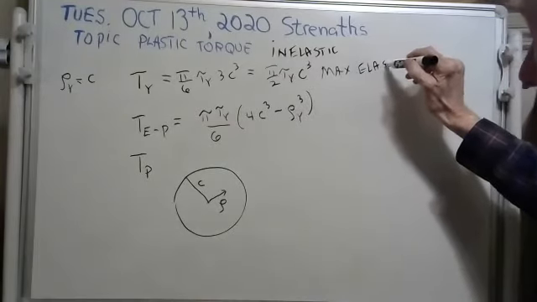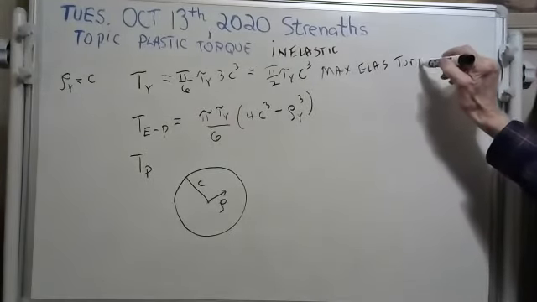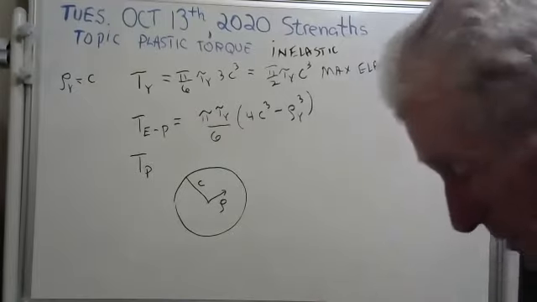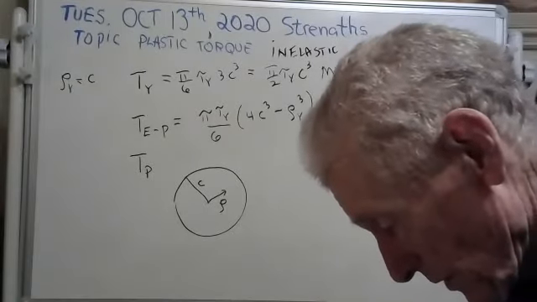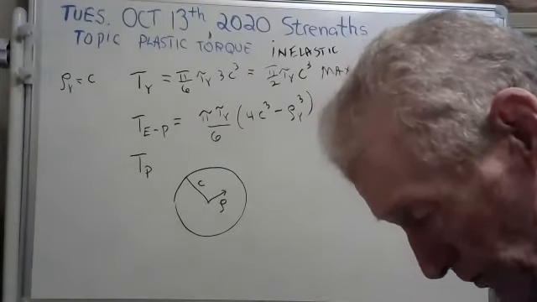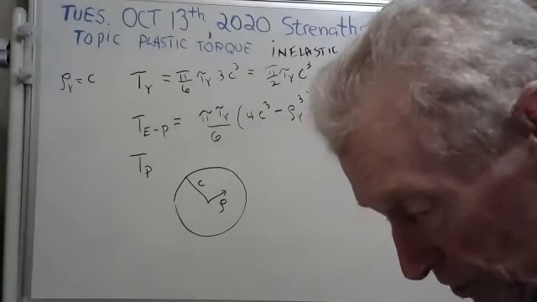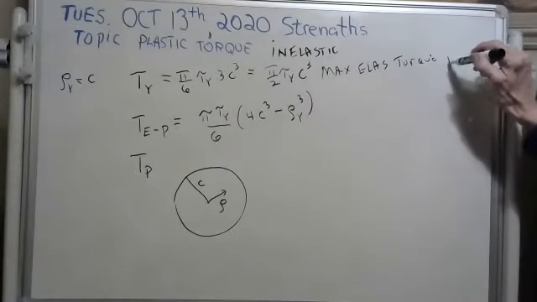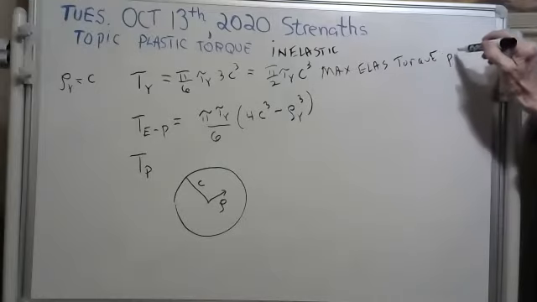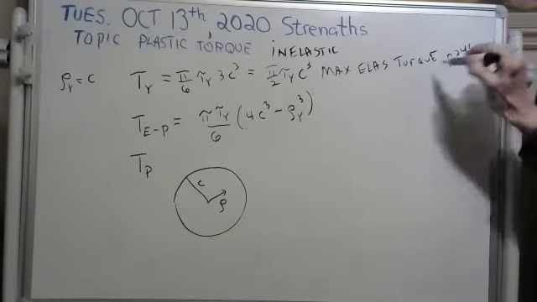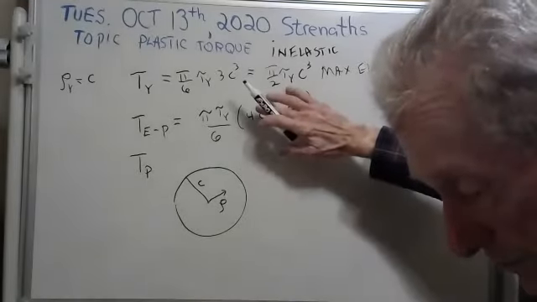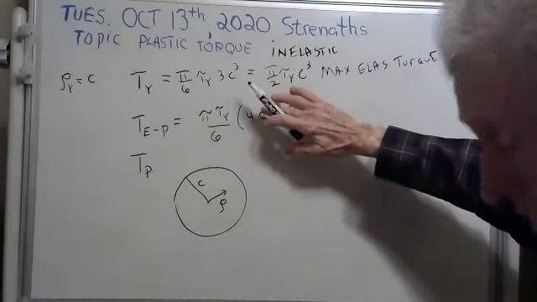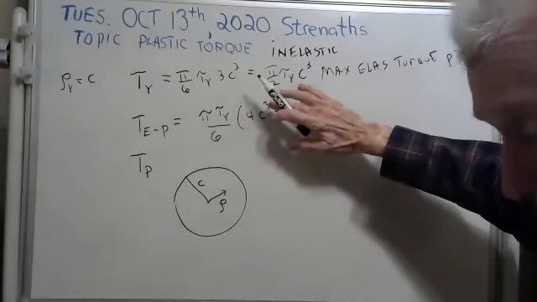Let's see if it is. Look on page 246. Page 246. Do you see that equation? Pi over 2 tau sub y c cubed.